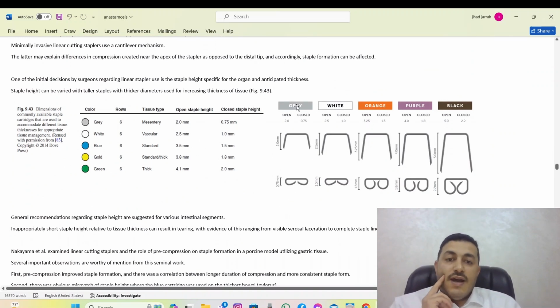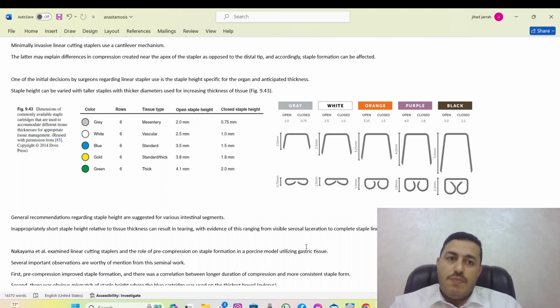For example, in the gray, we have the open and the closed height. The open height is 2 millimeter, while after the closure it's 0.7 millimeter, and it varies: white, orange, purple, black. There is no definite indication for each part because the thickness of the bowel is not constant.